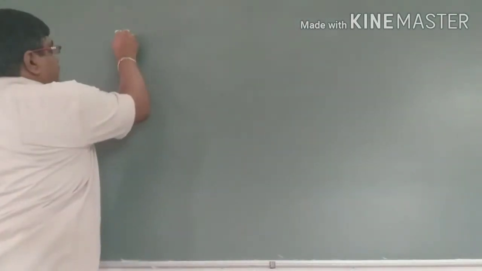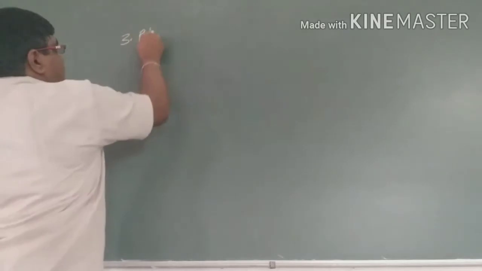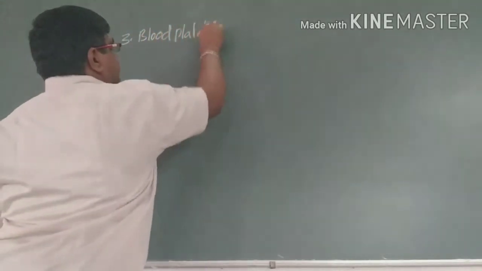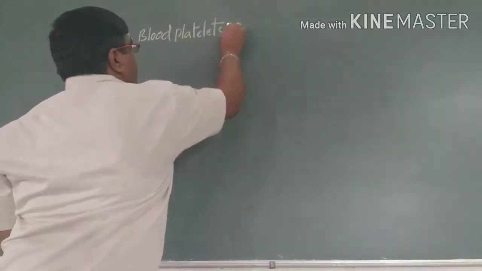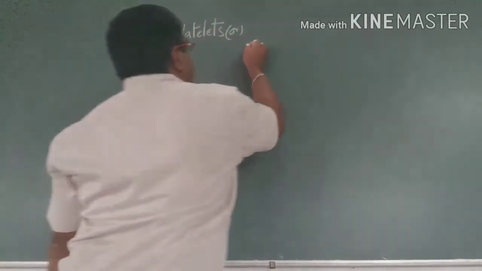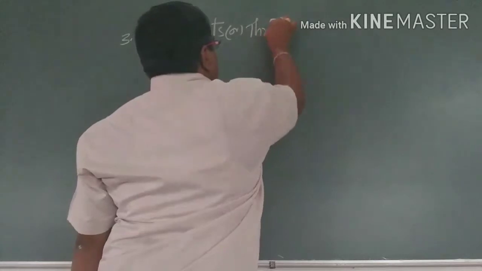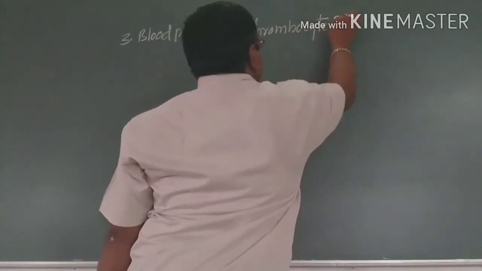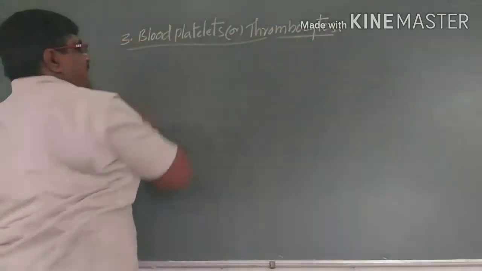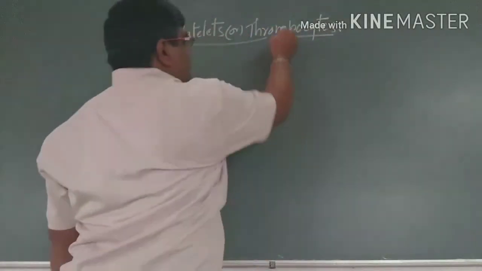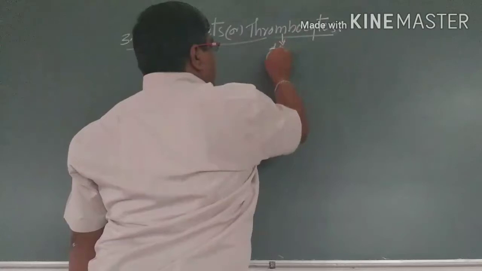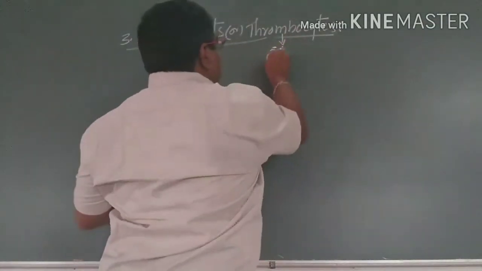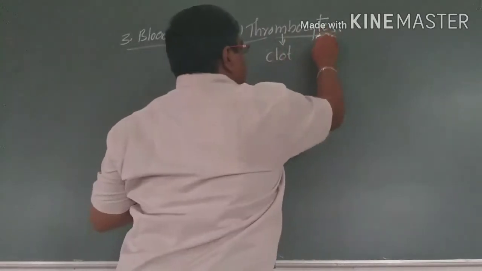Now coming to the third one, the blood platelets, or otherwise the thrombocytes. Thrombo means clot, and cytes means cells.